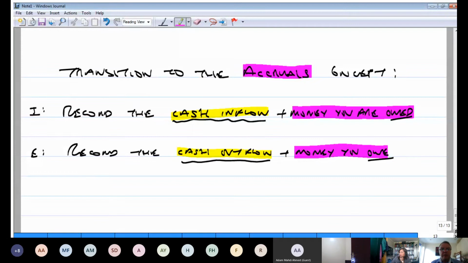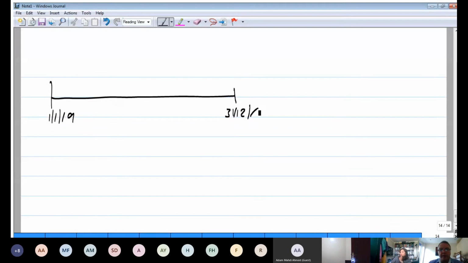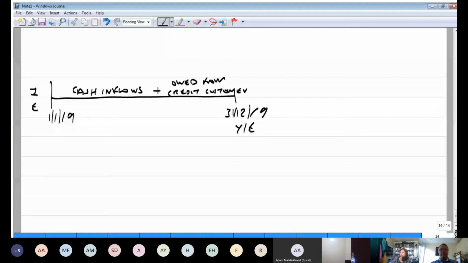So going back to our fruit and veg shop then, like we said, on the 1st of the 1st, 19, and the 31st of the 12th, 19 is the year end. Like we said, income, expenditure. So here's your cash inflows plus money that you're owed from, let's say, credit customers.